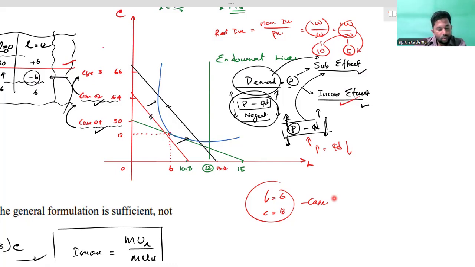Yeah, it is related to the common sense, common budget, isn't it?